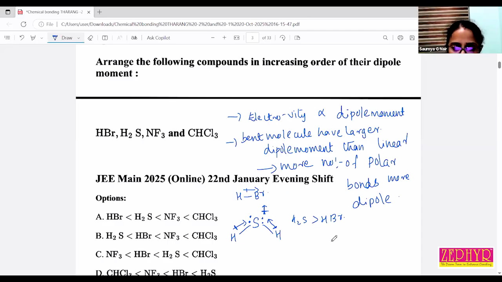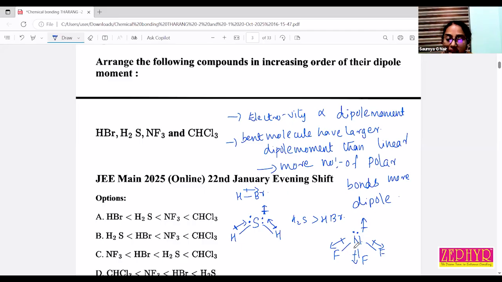Then NF3. NF3 is like NH3. That is a pyramidal molecule, pyramidal shape. Fluorine is more electronegative than nitrogen, so the direction is towards fluorine. And there is a small pulling from the lone pair, that is upward.